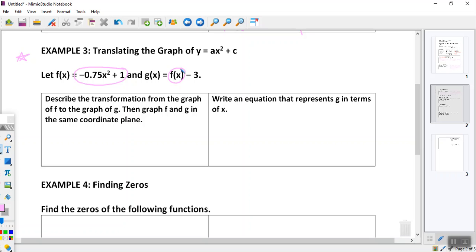So that f of x minus 3 is the same as taking your function f up or down, kids?